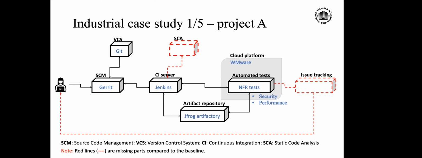Here they have the security and performance test cases stored in Gerrit, Jenkins triggers the tests, and the artifacts are pushed to JFrog Artifactory. They're using a VMware resource pool to handle the test slaves. So that's the first project.